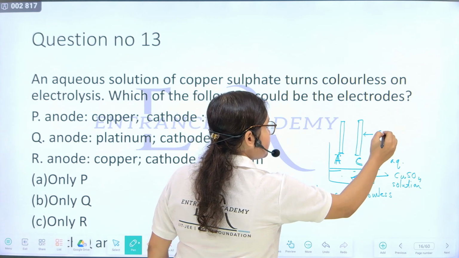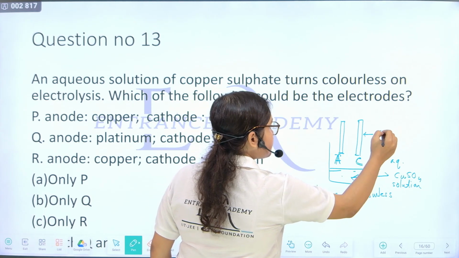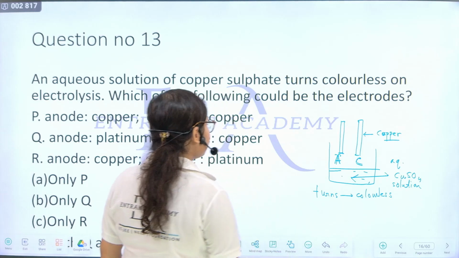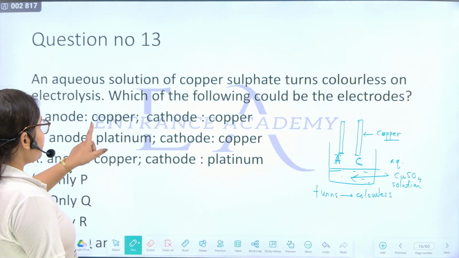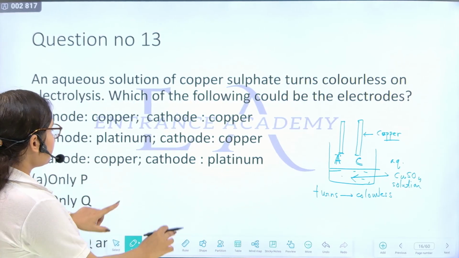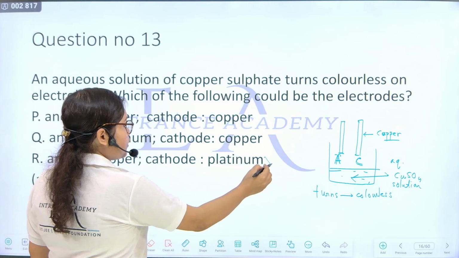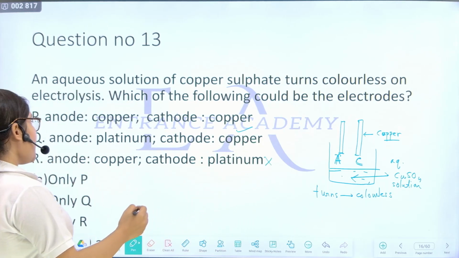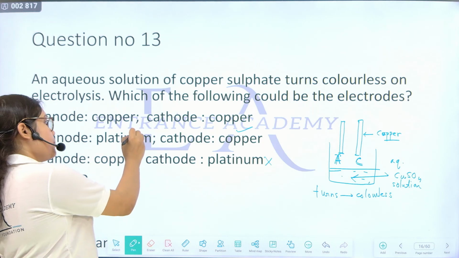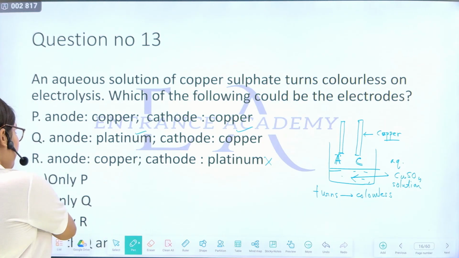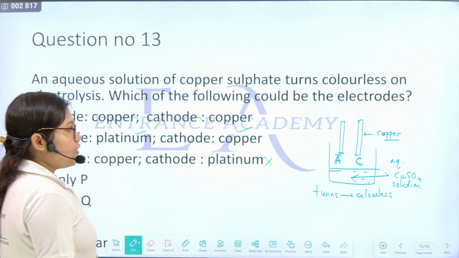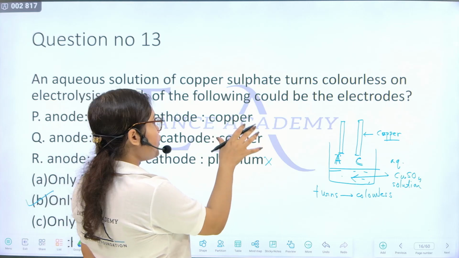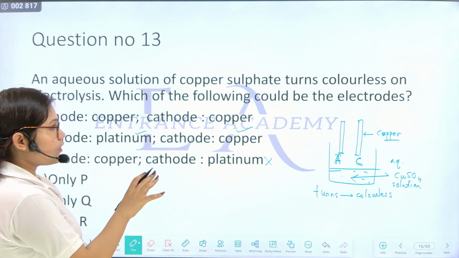Firstly, a copper cathode, this is not the correct one. Cathode is copper, and anode is platinum. So this is only Q. According to this question, the color turns colorless.